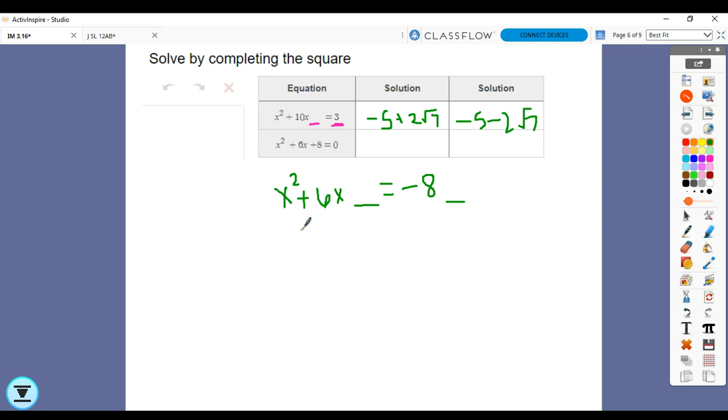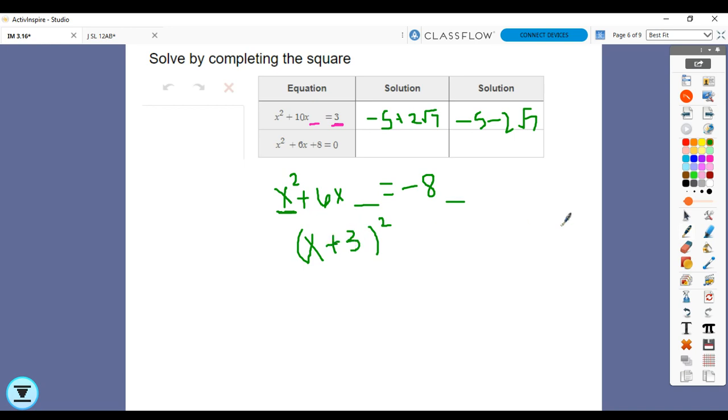Now I complete the square on the left side. So I want to find the number here that completes my perfect square. So x, we always start with x, and there's no coefficient here, so that's good. Half of 6 is 3.